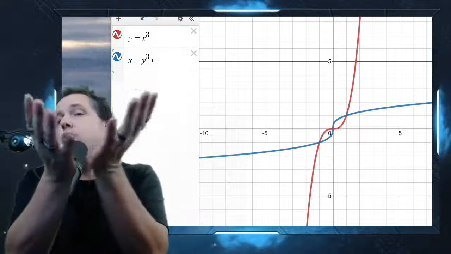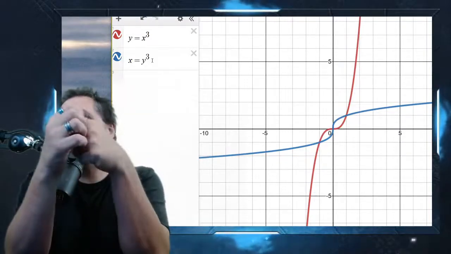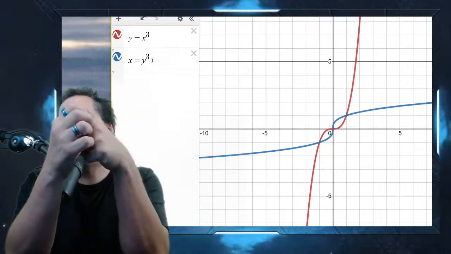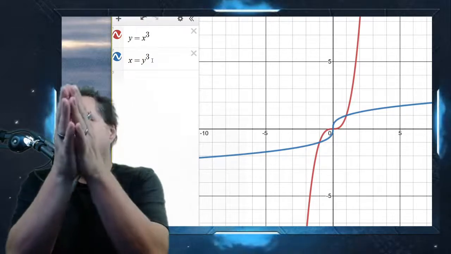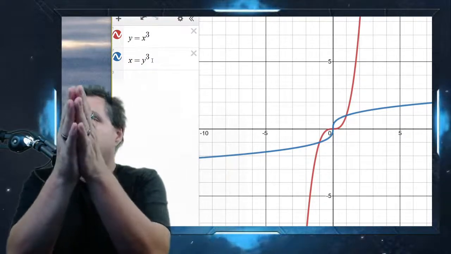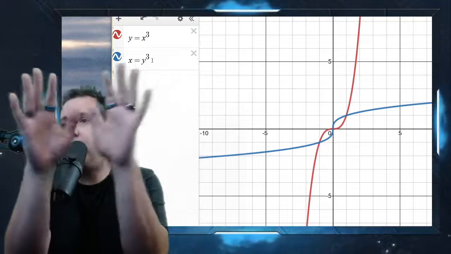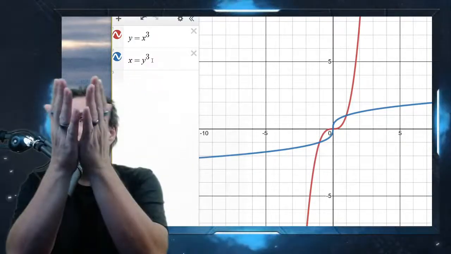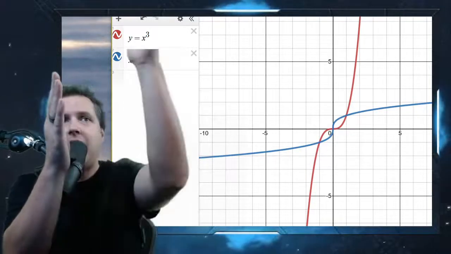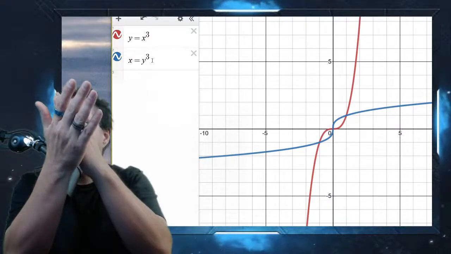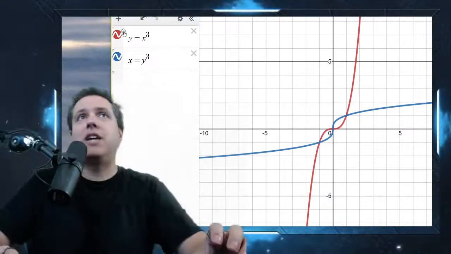Symmetry, there's numerous different types of symmetry. It just means that there's a pattern that gets repeated essentially at some point. You can have linear symmetry, which is what most people think of. If you have a drawing on a piece of paper and you fold that piece of paper up in half and half of the graph lines up on the other half, then you have a type of symmetry.